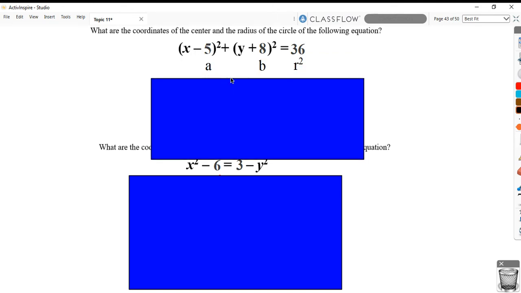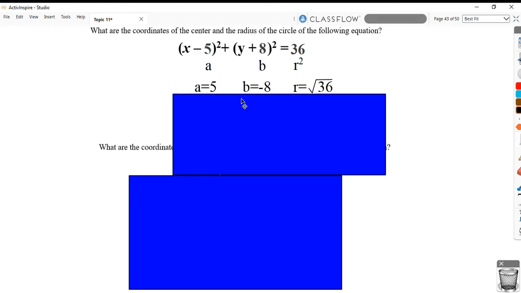When we're looking for a and b, the coordinates of the center, and r, the radius, we have to remember that those coordinates are going to be the opposite of the little sign that you see inside the parentheses. So when we see x minus 5, a is positive 5. When we see y plus 8, we have to swap it and say that b is negative 8.